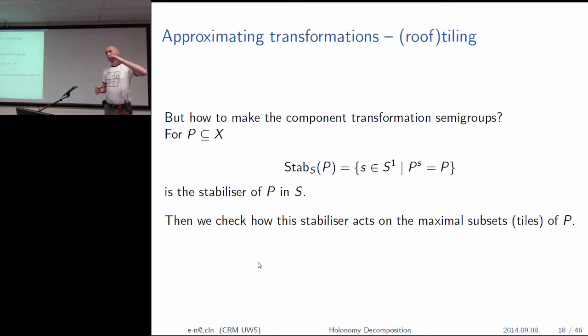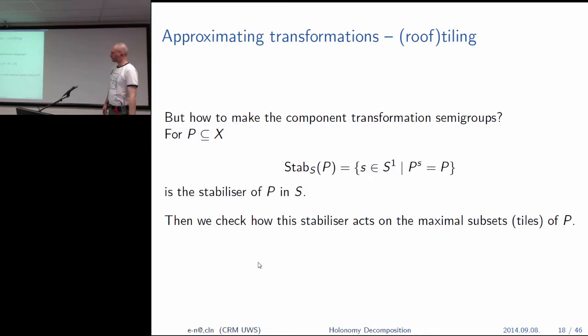So now we are going a little bit more deep into the technical details of holonomy decomposition. So we have the philosophical idea, and now we have the general idea of approximating states by a set of states. But how do we get a smaller transformation semigroup inside the bigger transformation semigroup?